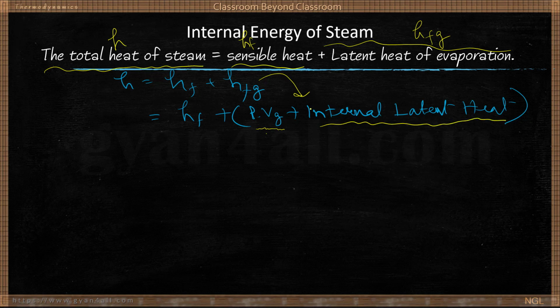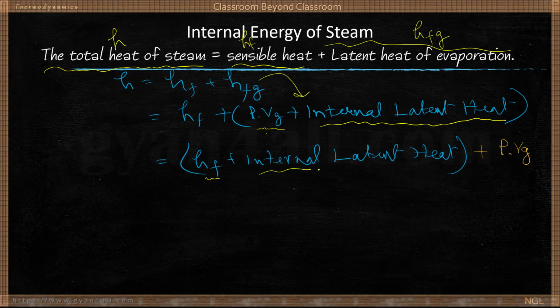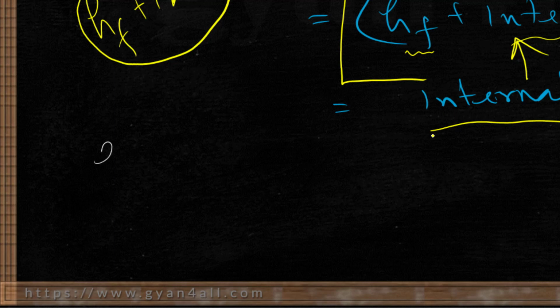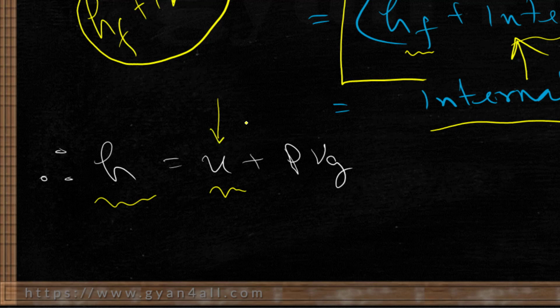If we rearrange this, we can write HF plus internal latent heat plus PVG, and this component is called the internal energy of steam. So HF, sensible heat, plus internal latent heat. Mathematically, total enthalpy is equal to internal energy U plus PVG.